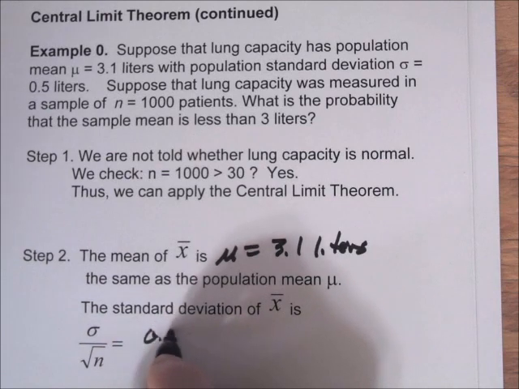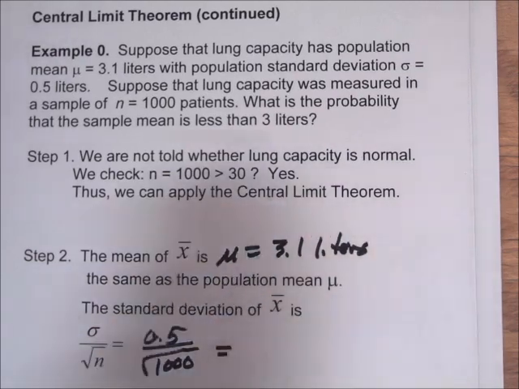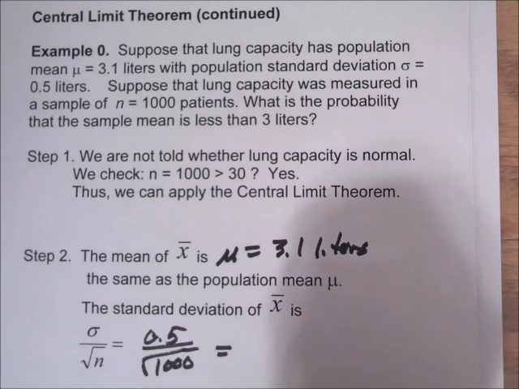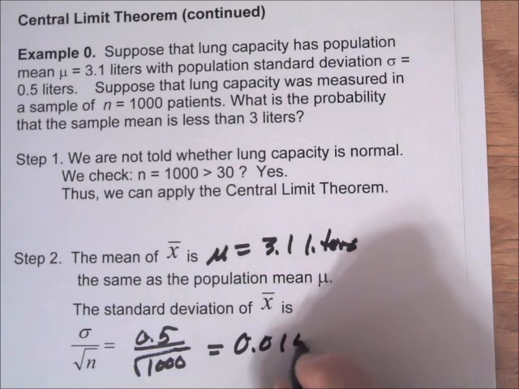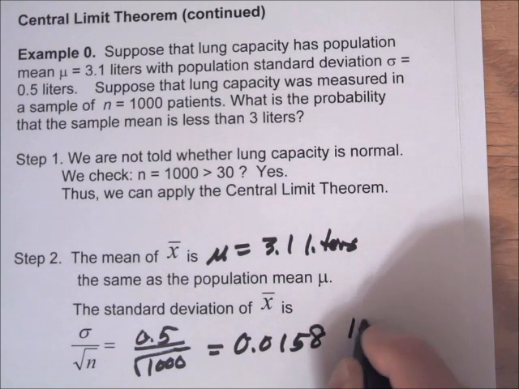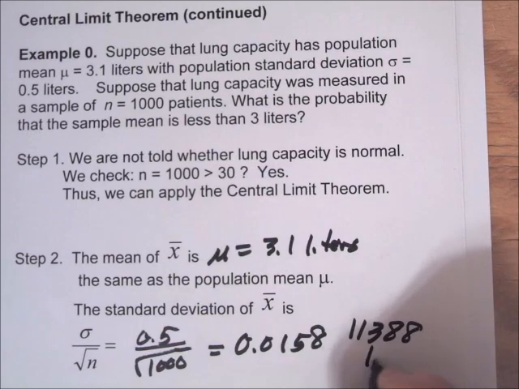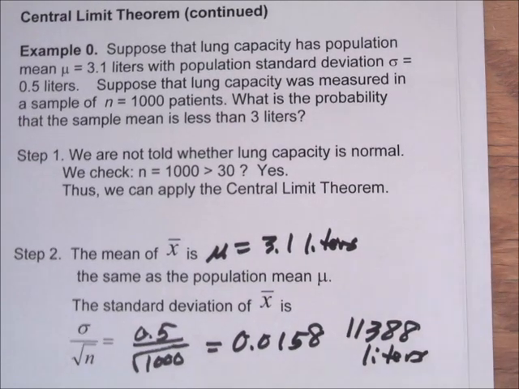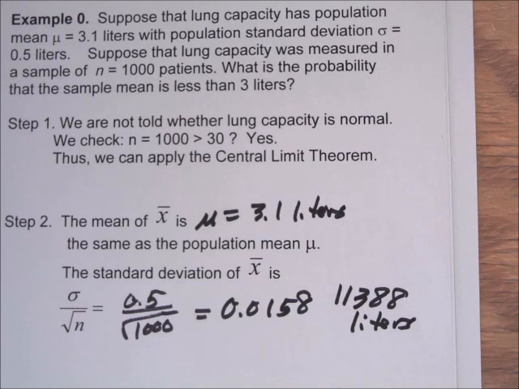So it's going to be 0.5 divided by square root of 1,000, which is 0.0158113883 liters. I'll store that in memory on my calculator.